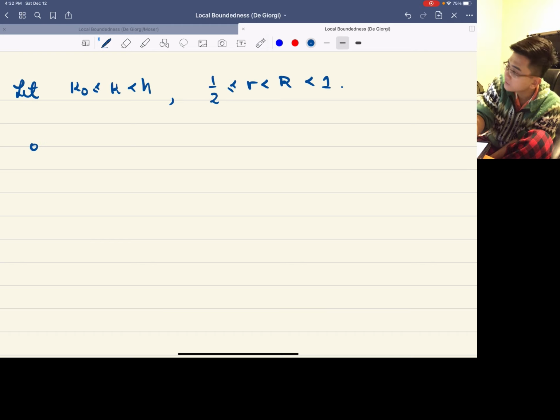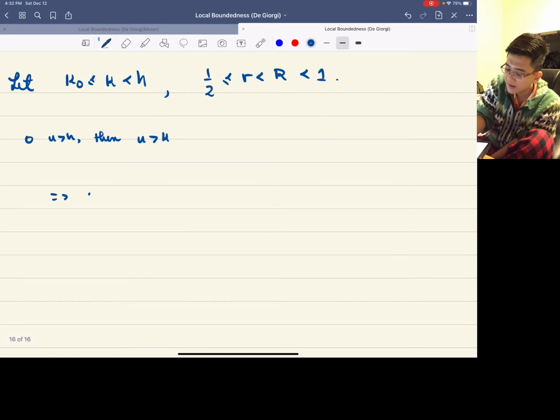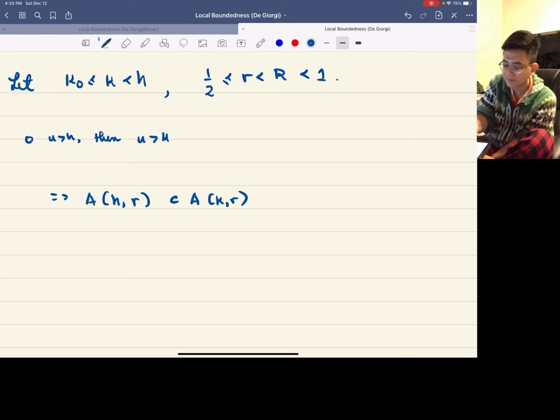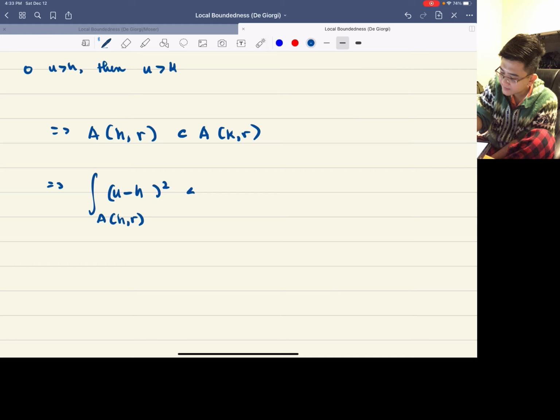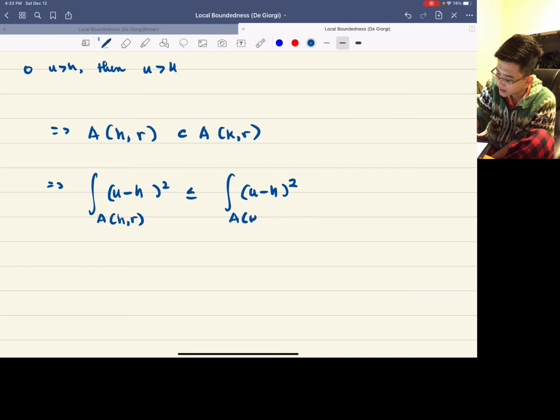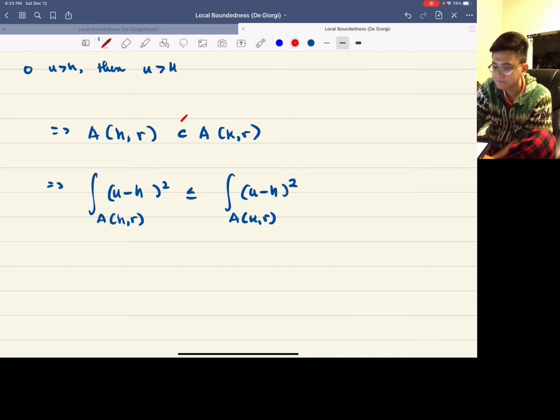So the first one, since if u is bigger than h, then you have that u must be bigger than k, obviously. So this then tells you that A(h,r) is contained in A(k,r) from definition. And this now tells you that the integral of (u minus h) squared on A(h,r) is less than or equal to the integral of (u minus h) squared on A(k,r) because of this set inclusion.